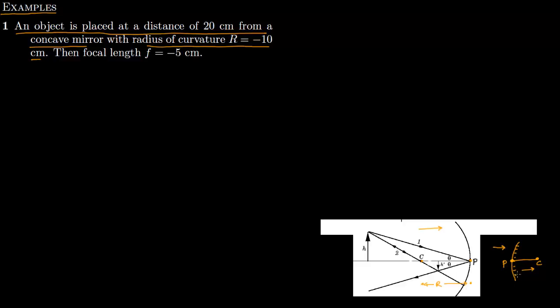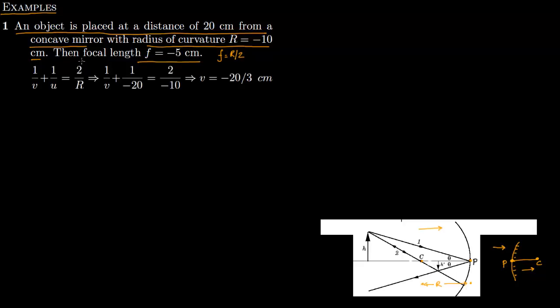Now the first thing to notice is that the focal length is minus 5 centimeters. This is because of the formula focal length is equal to r by 2. Now you use the formula 1 by v plus 1 by u is equal to 2 by r.